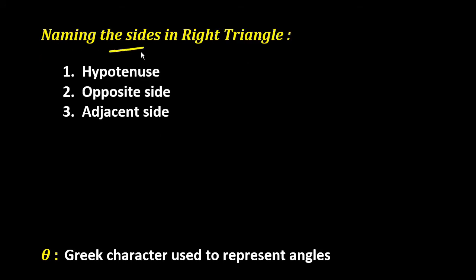Next, naming the sides in right triangle. For any right angle triangle, we can assign names to its sides. Those names are hypotenuse, opposite side, and adjacent side. Let us draw a triangle here to get a better picture of it. So this is a right angle triangle. I will give this triangle the name ABC.